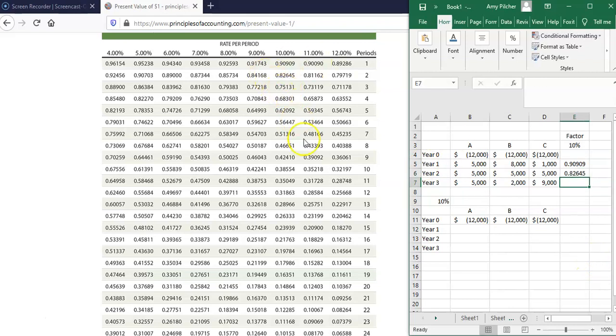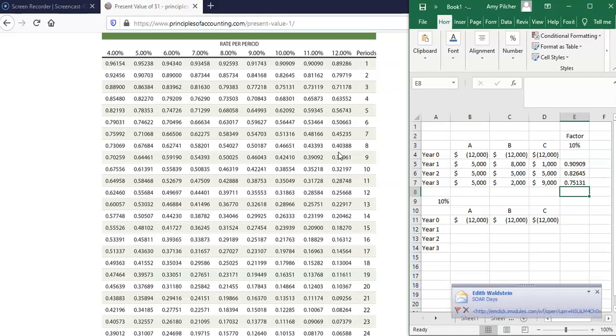And for year 3, 0.75131. So remember, when you have different values in each year, you need to go to the present value of a dollar table. When you have the same exact annual cash flows every single year, you can go to the present value of an annuity.